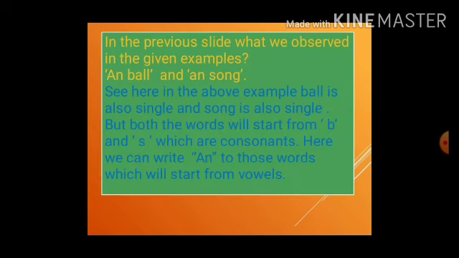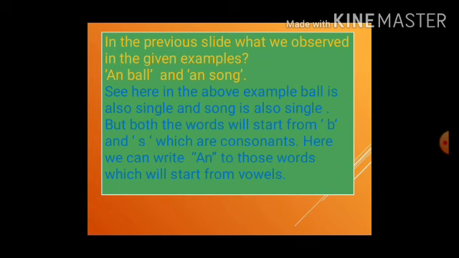In the previous slide, what we observed in the given examples, an ball and an song. See here, in the above examples, ball is single and song is also single, which means they are in the singular form. But both words start with B and S, which are consonants.